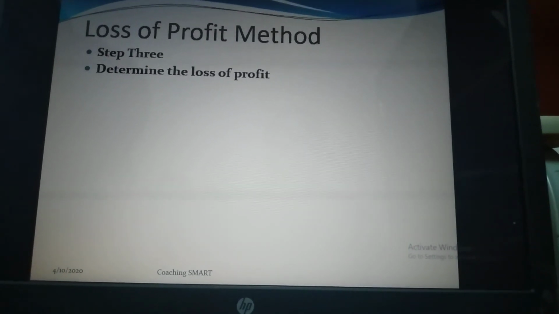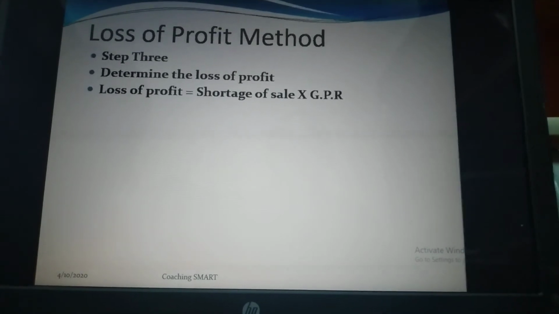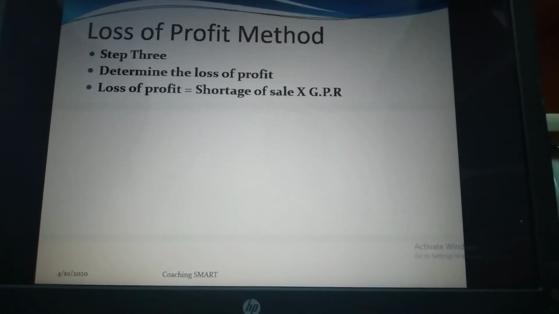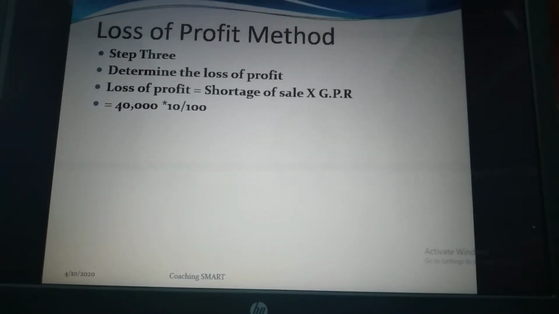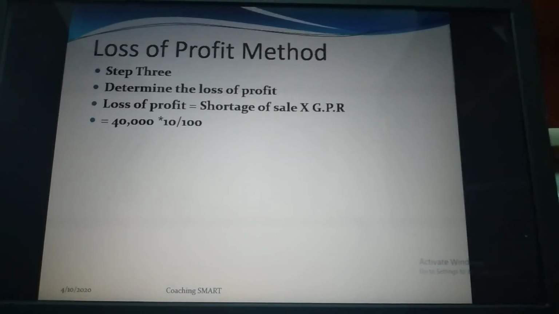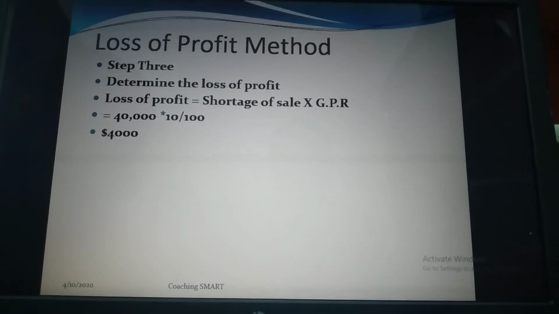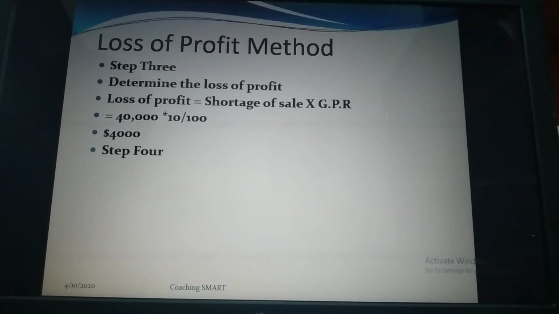Step 4, determine the loss of profit. How do you get that? Loss of profit equals shortage of sales times gross profit ratio. Apply the formula, 40,000 times 10 over 100 gives us $4,000. That is the amount of loss of profit.